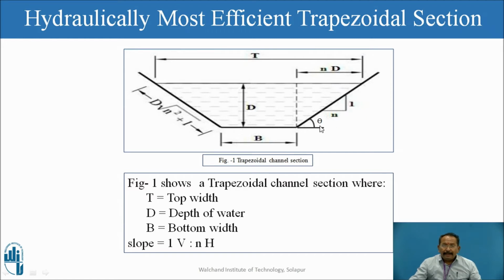This is the angle theta with respect to horizontal for the sloping side. If you find the sloping side, we are going to calculate this. One of the sloping sides is nothing but d under root 1 plus n square, or n square plus 1. This we are going to calculate also. Now I have told you the details which are written over here. We will move to the next slide.